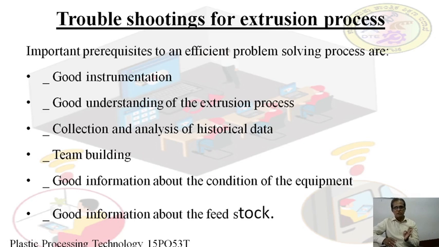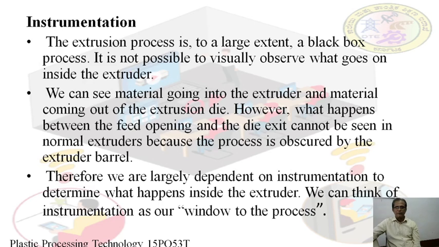Similarly, we must be well versed about the machines also. If the machine is not in good condition, the product may not be of good quality. If some breakdown or any kind of machine problem comes, then we will not be able to produce the product. Good information about the feedstock is also important.